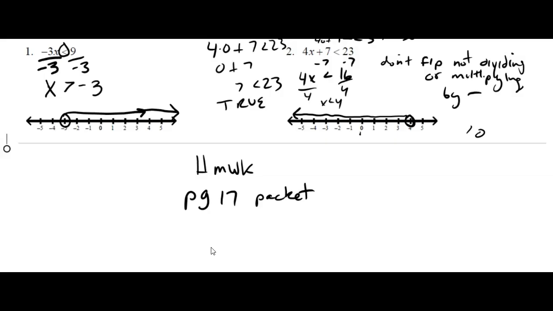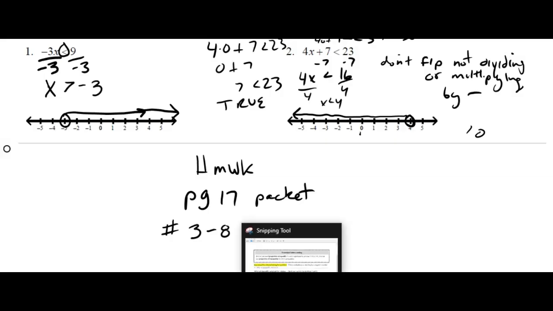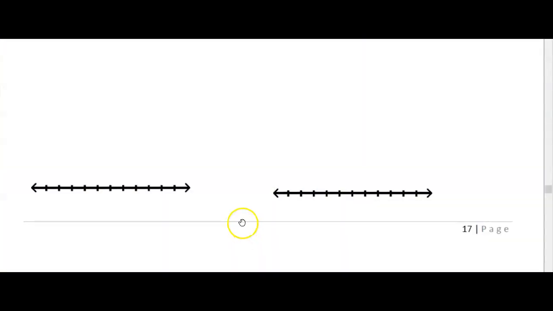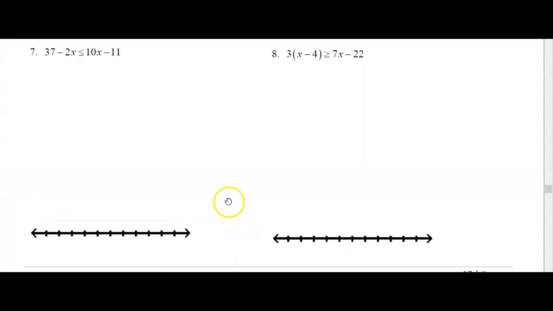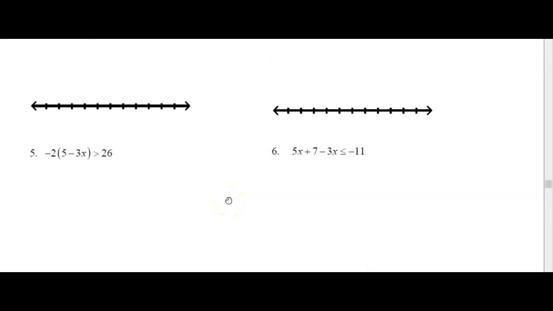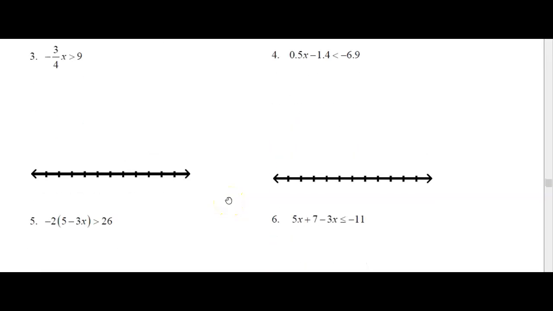So some of you, if you're copying these problems down, and you're doing numbers 3 through 8, this is what you would have to do if you don't have these problems.